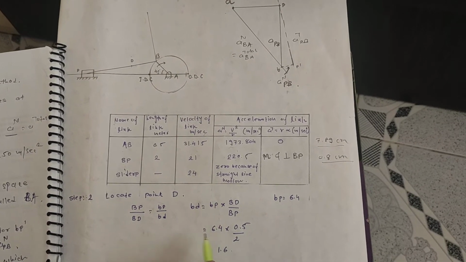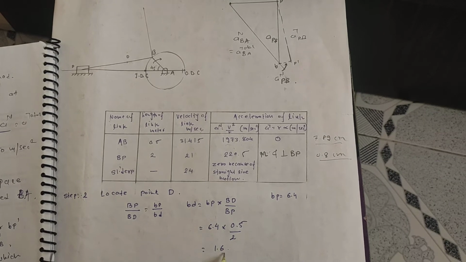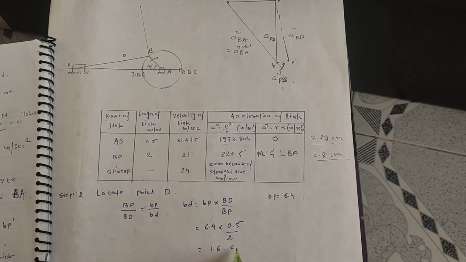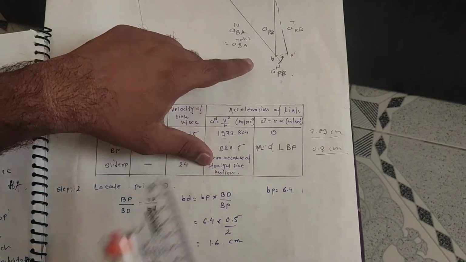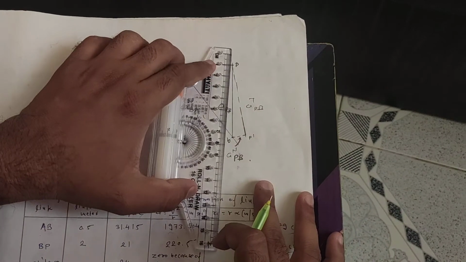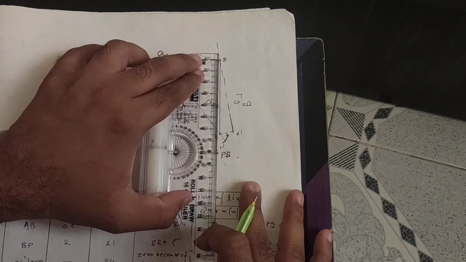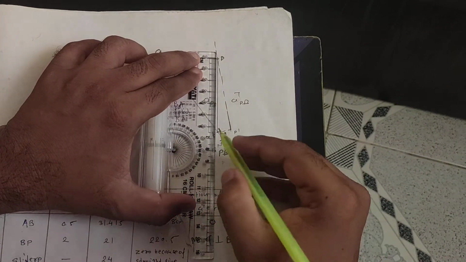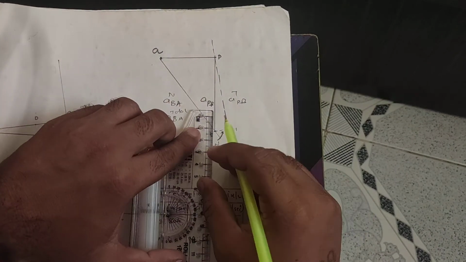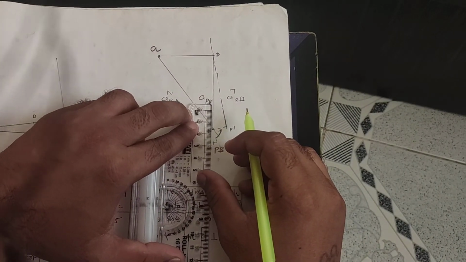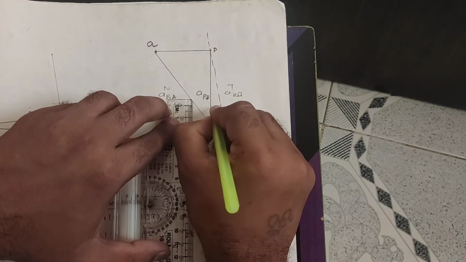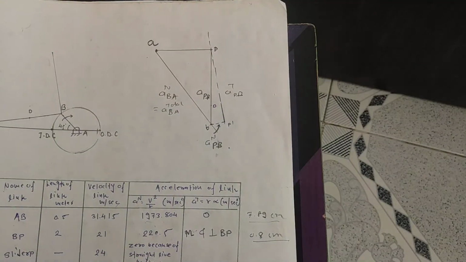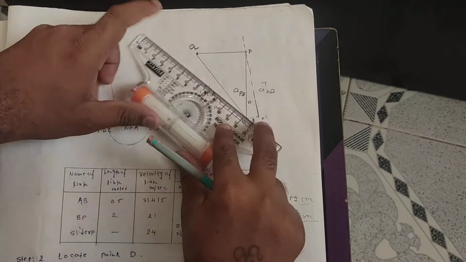This length of BD we can find out by using the calculator, that is 1.6 centimeter. So we have to represent from B to D, 1.6, measured by using a scale. Over here point D is located, that is point D. Then we have to join it with A.